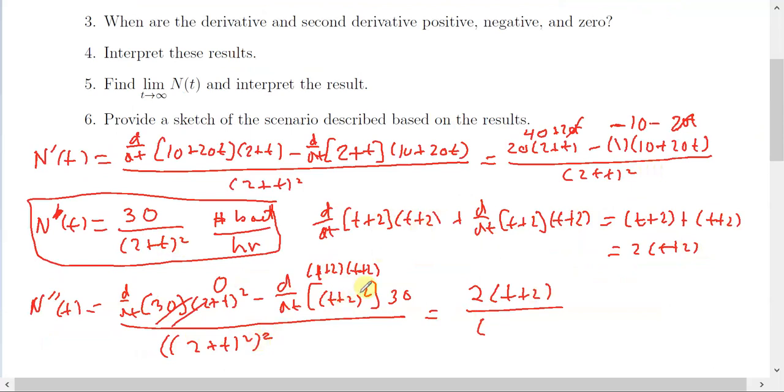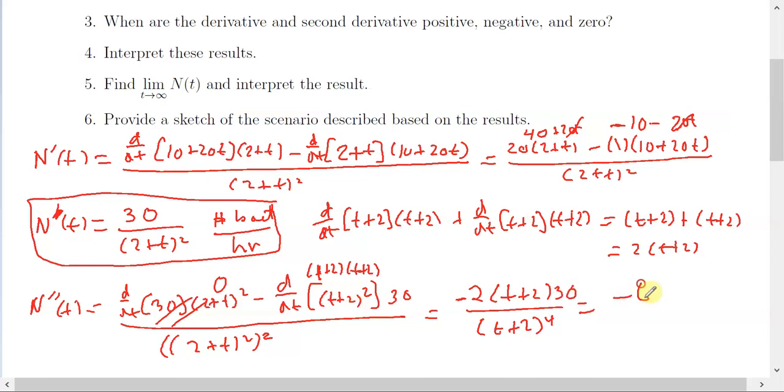Somewhere I switched between 2 plus t and t plus 2, but anyway, it's the same thing, right? Down here in the bottom, I've got t plus 2 to the 4th. I'll multiply those exponents, and I can cancel one of the t plus 2's, and this was negative, so I better be sure to keep that in there. And there was a 30, so I better keep that in there too.